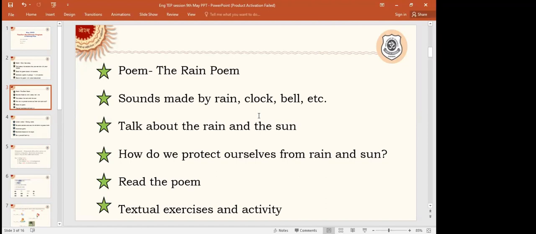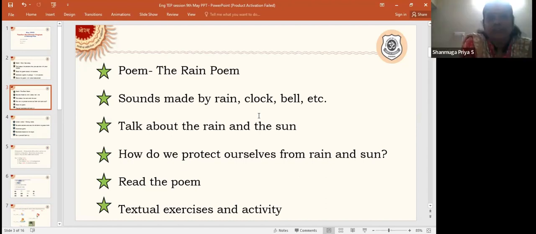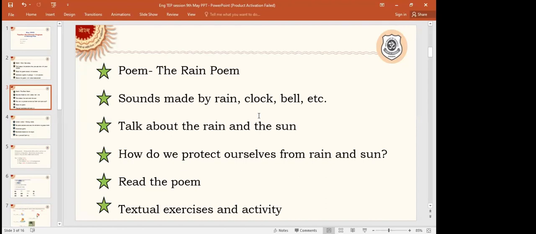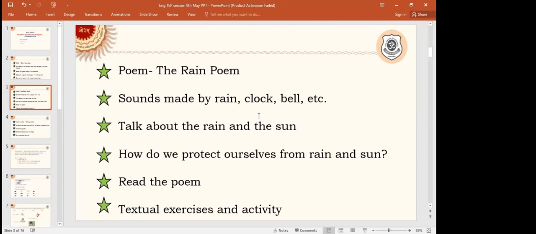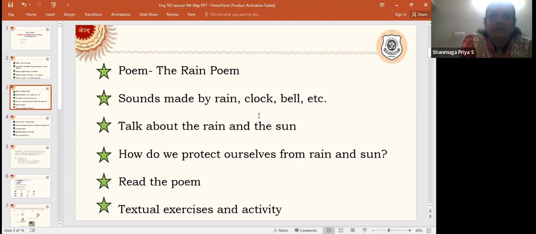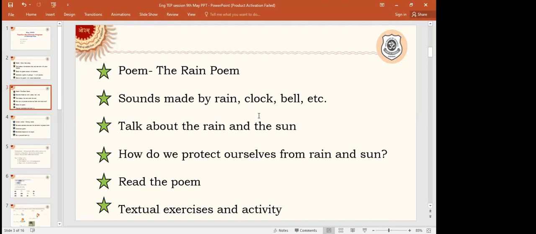So what are the other sounds that can be discussed, teachers? Snake hissing. Water splashing sound. Thunder. Yes, thunder. Wonderful. Then snake hissing. Then lightning sound, ma'am. Lightning, thunder, splashing the water. So rain droplets.